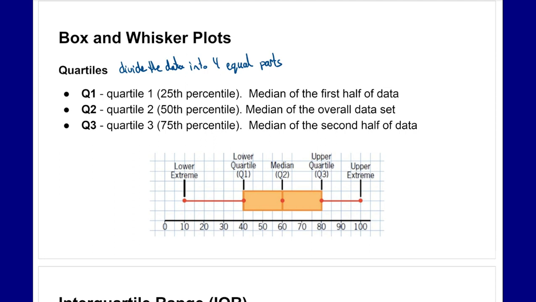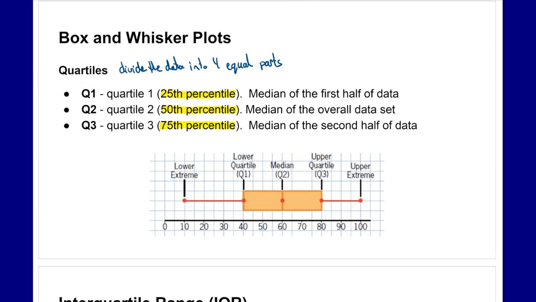Percentiles divide data up into 100 equal parts. Quartiles are dividing the data up into 4 equal parts. And each quartile can be represented by a specific percentile. Q1 is the 25th percentile, Q2 is the 50th percentile, and Q3 is the 75th percentile.